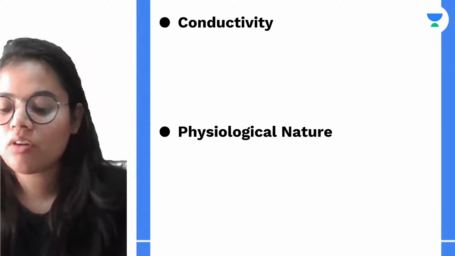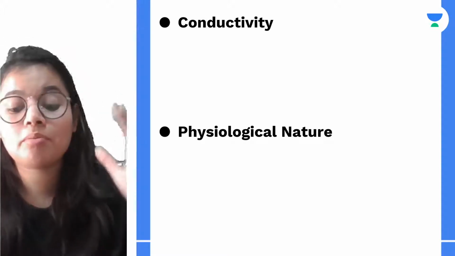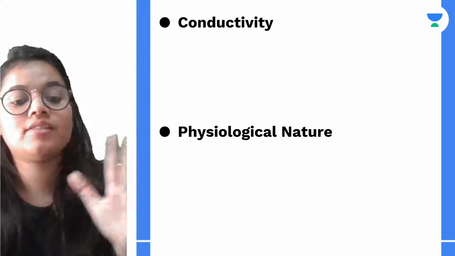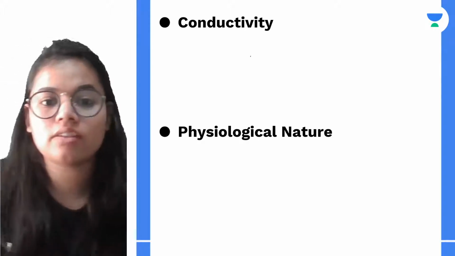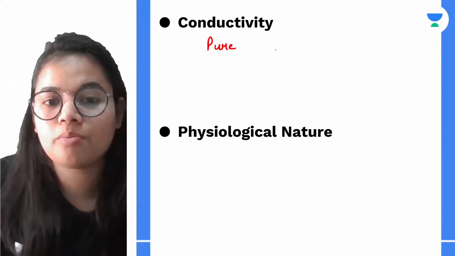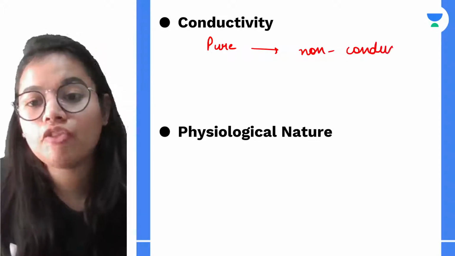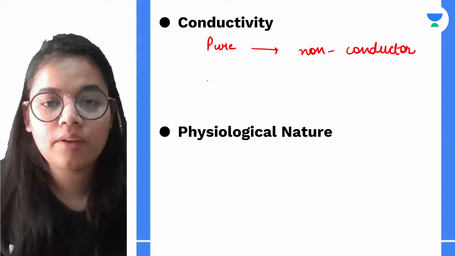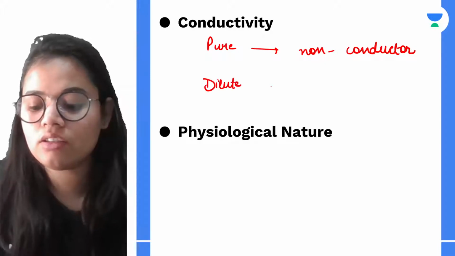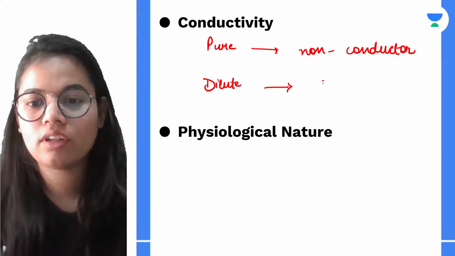Talking about conductivity, the pure acid is not a conductor of electricity. So pure acid is a non-conductor. But if we dilute it, the dilute acid is a good conductor of electricity.